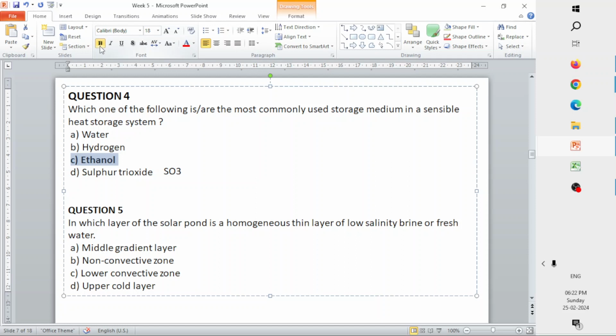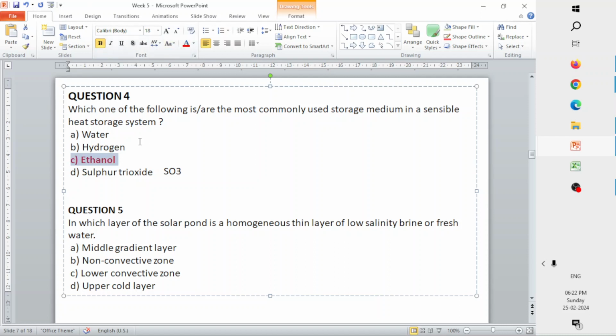Probably if it reacts with some other compound and forms a product, and then if you can reverse it, you can use it in a thermochemical energy storage system. But as a pure component, hydrogen cannot be used as a sensible heat energy storage system, or any kind of what we learnt in this particular week. It cannot be used in latent heat also. So hydrogen is not right.